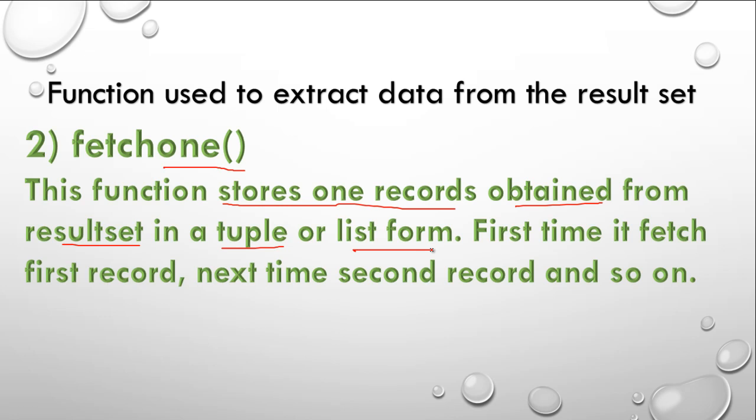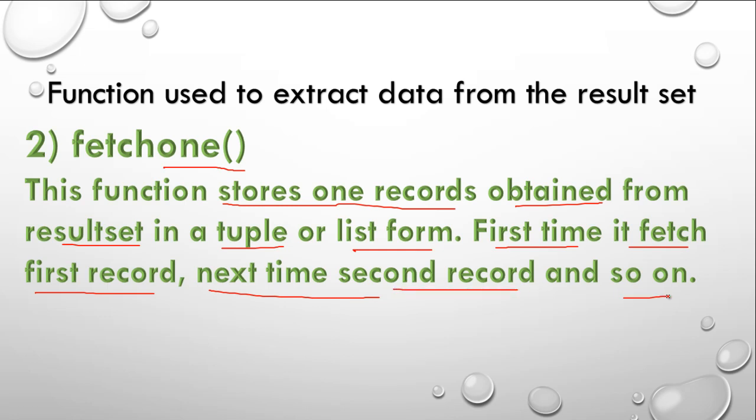When we execute this function the first time, it fetches the first record, because this function can fetch only a single record at a time. When you execute this function the next time, the second record will be obtained, and so on.